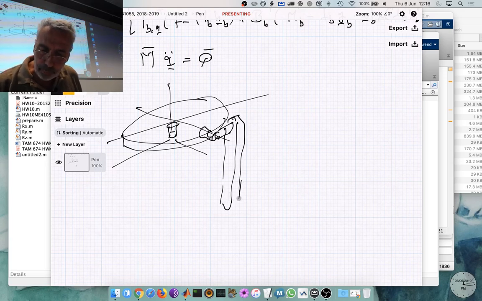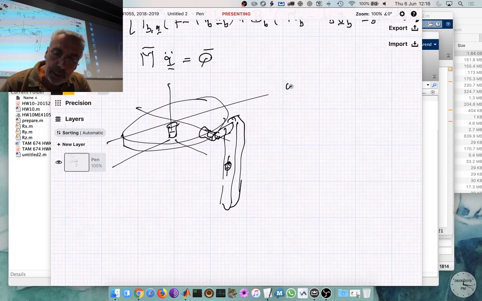Now we want to focus on this angular speed in the body fixed frame versus our q and q dot, right? So how do we do that?